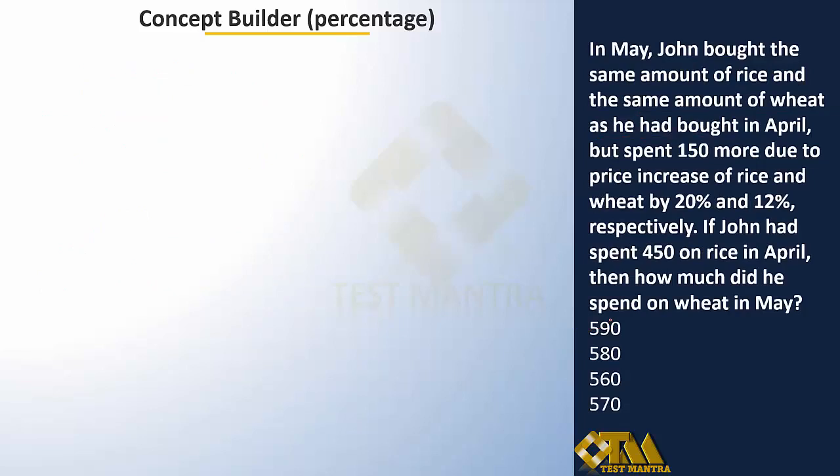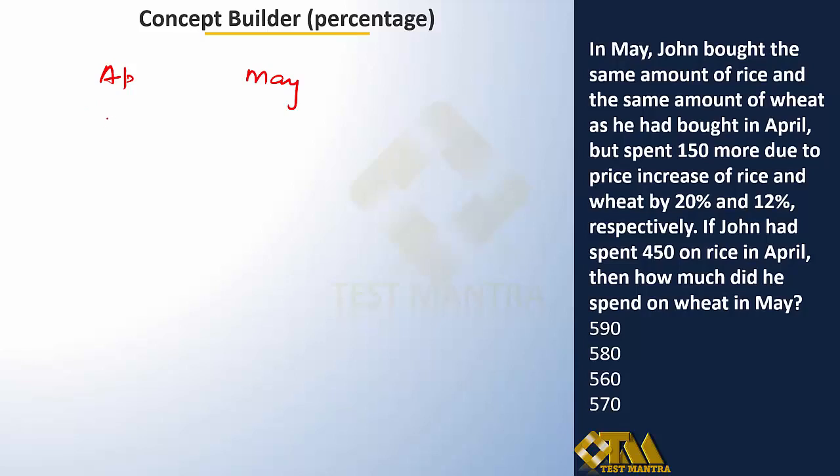In May, John bought the same amount of rice and the same amount of wheat as he had bought in April. Okay, so I have April and May. I'll just mark this, April and May. So John bought the same amount of wheat as he bought in April.